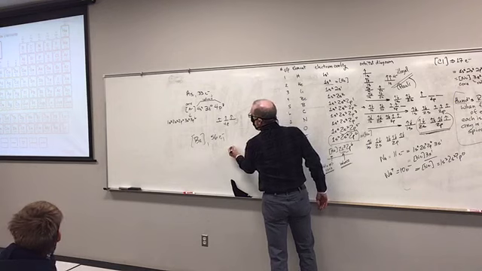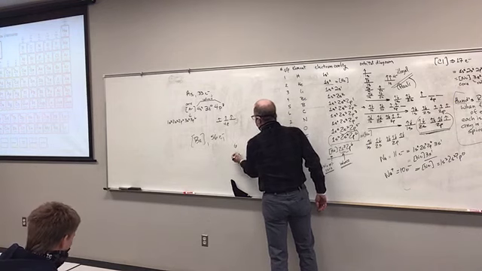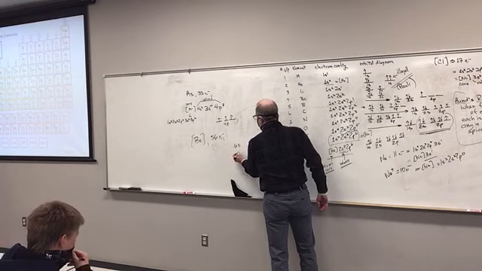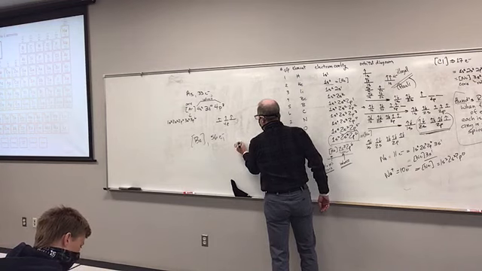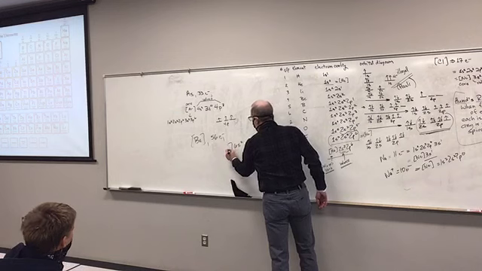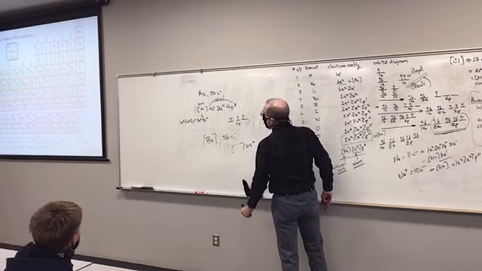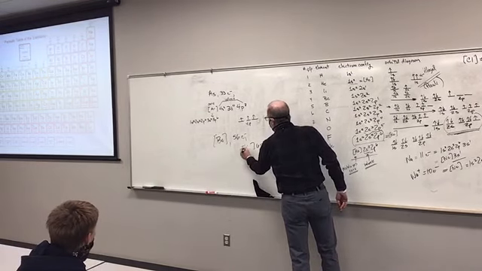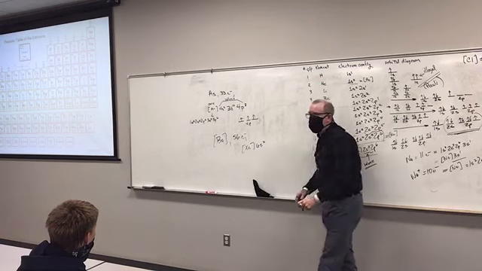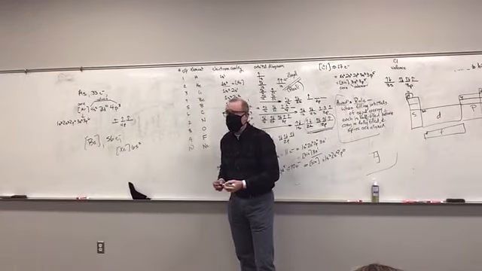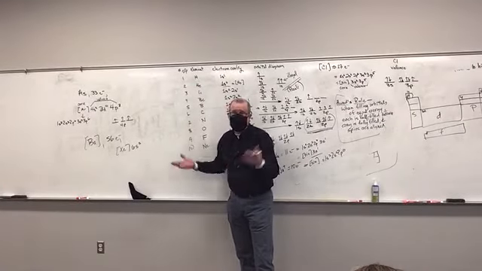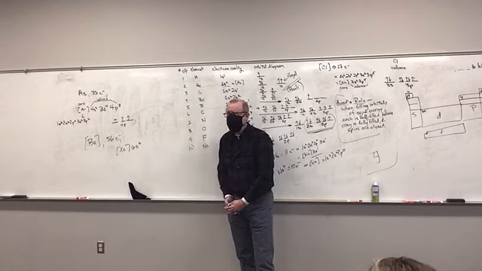What row is barium on? Row 6. Wow, what block? S block, what column of the S block? 2, 6s2. What comes right before 6s2? Xenon, warrior princess. All right, xenon. So noble gas core and 2 electrons more.